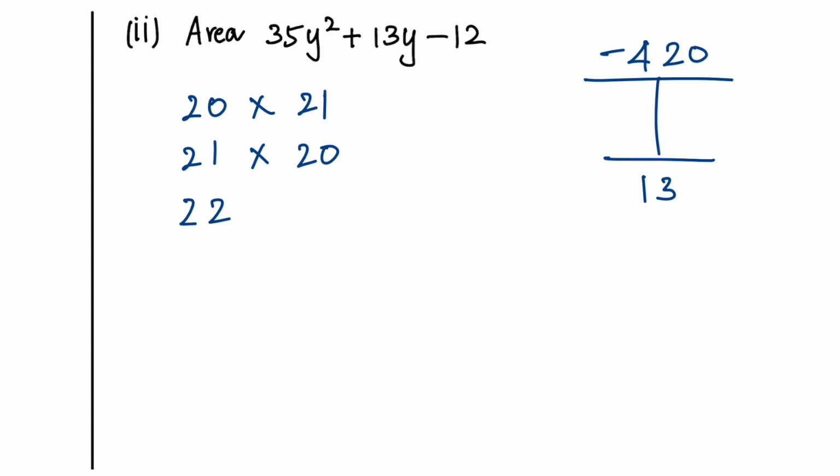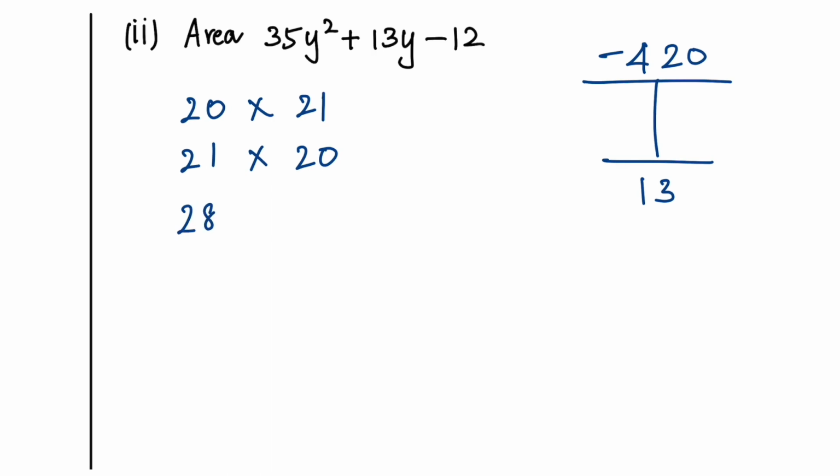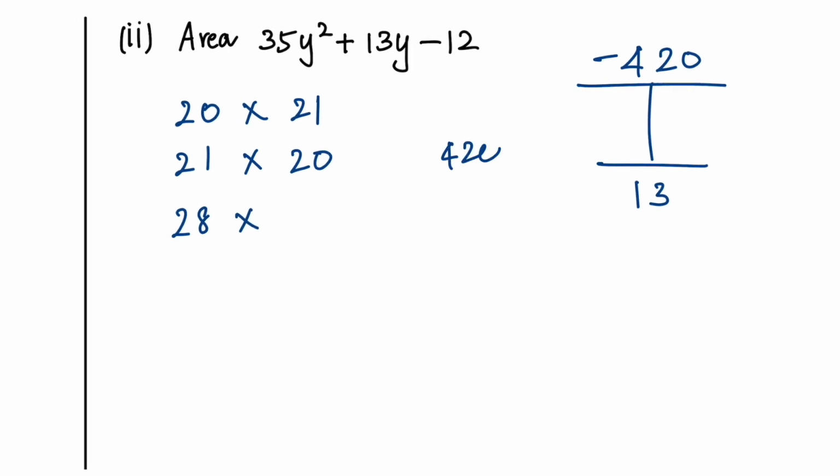No, you cannot multiply any whole number to 22 that becomes 42. So 22 is not possible. 23 is also not possible, but 28 can be a viable option. Okay, 28 into what should it be? 420 divided by 28.